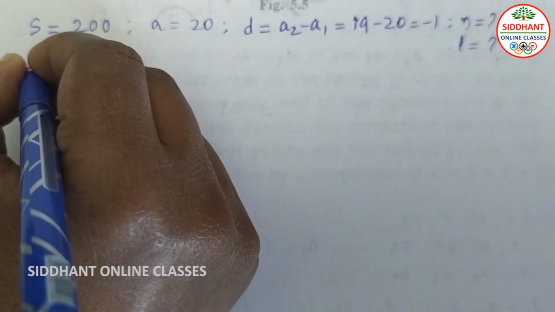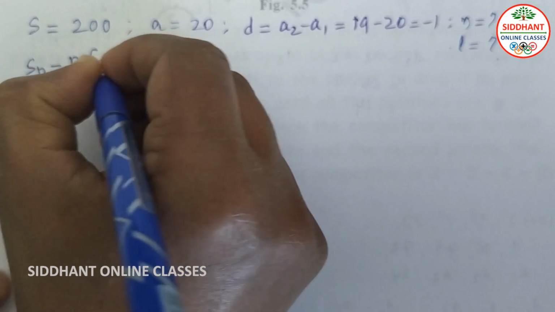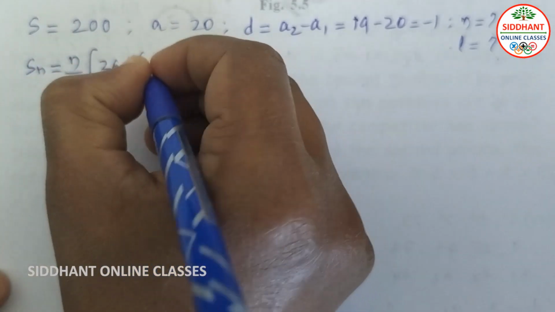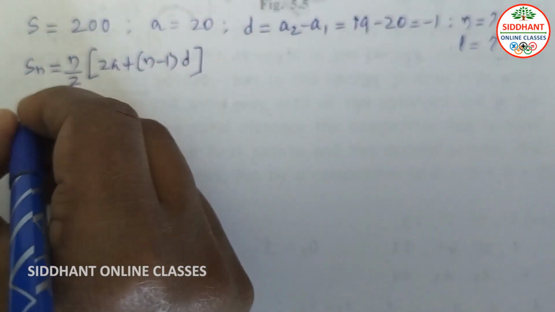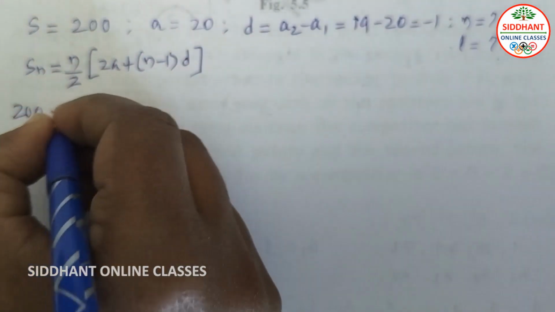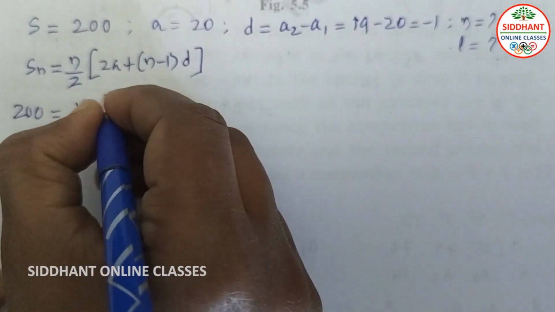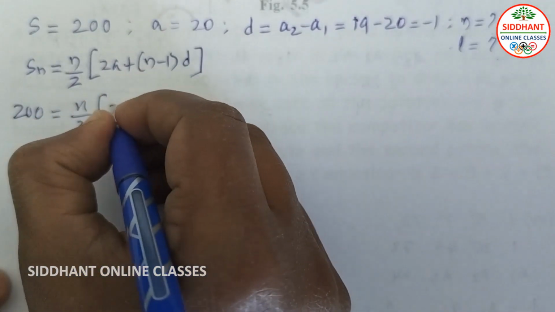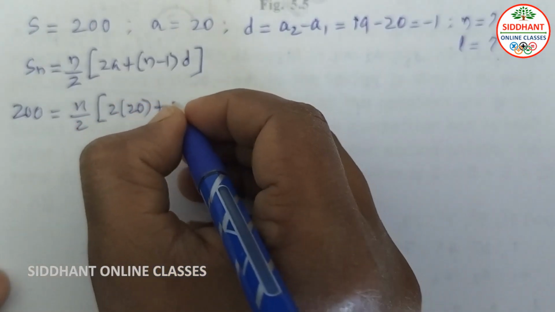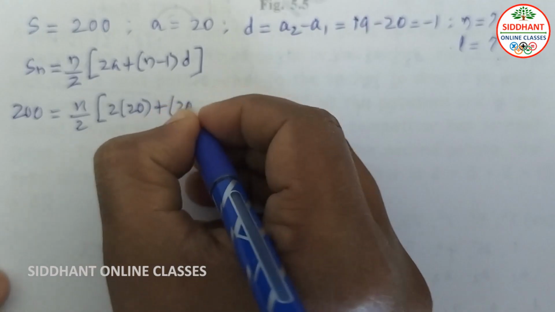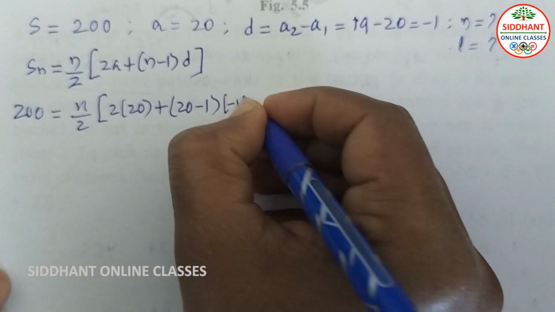So we know Sn equals n by 2 (2a plus (n minus 1) d) here. So the sum we know is 200, that equals n by 2 (2 into 20 plus (n minus 1), d is minus 1).